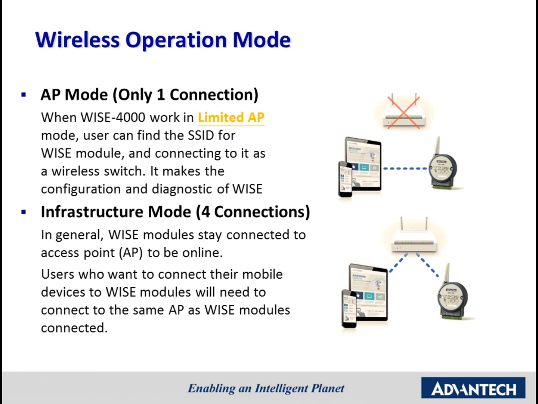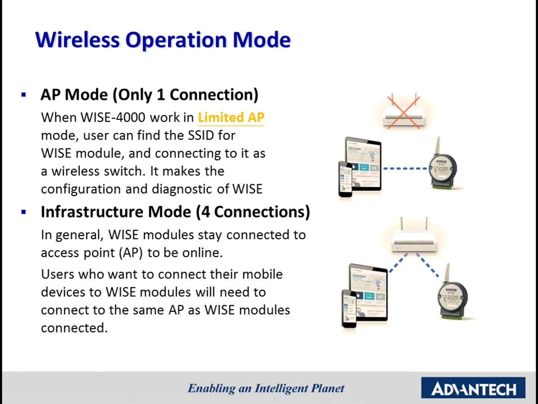The second is infrastructure mode. WISE and all monitoring devices are wireless clients of the access point. In this situation, WISE has more capability and can accept up to 4 connections. In real applications, the customer uses multiple devices to monitor data from WISE.